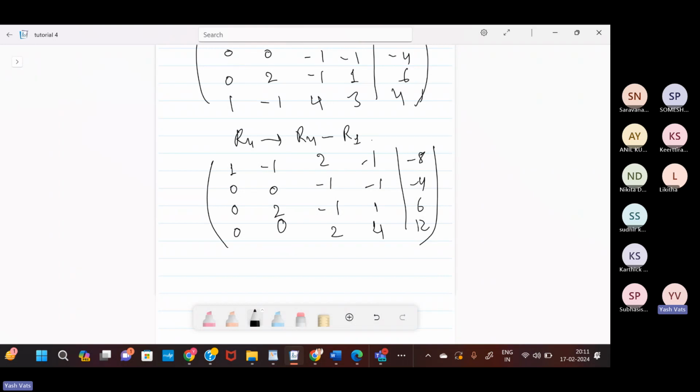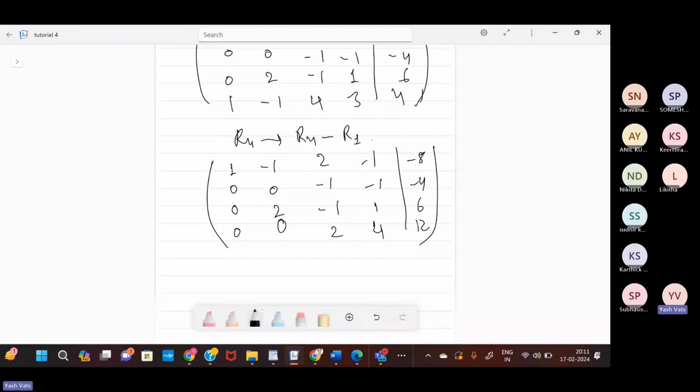Okay. What should be the next operation? Tell me. Are you able to do any operation now? What should be the next operation? Tell me, anyone. Sir, I think R2 and R3 interchange first.